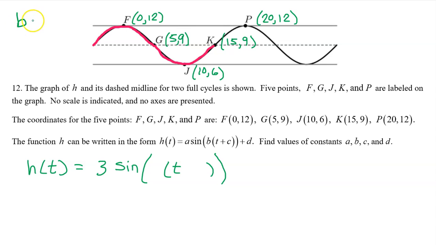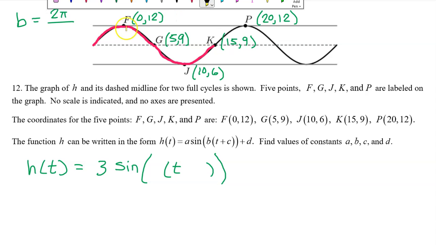Now it's time for the b value, which we know to be 2 pi divided by the period. I'm going to switch gears a little bit and calculate the period from peak to peak instead of using this red period that I have highlighted. From F to P, we're going from an input value of 0 to an input value of 20.